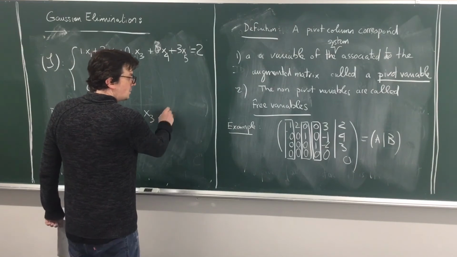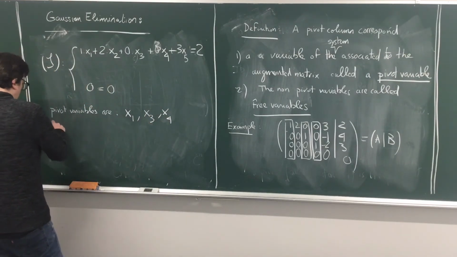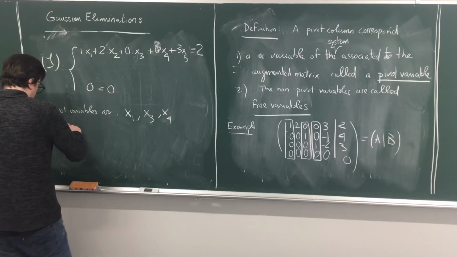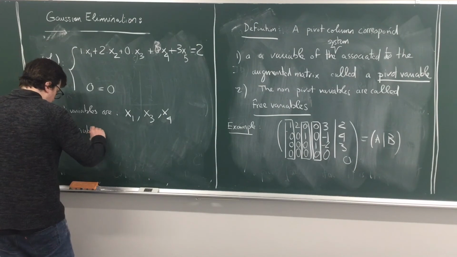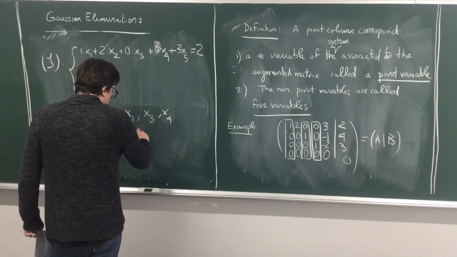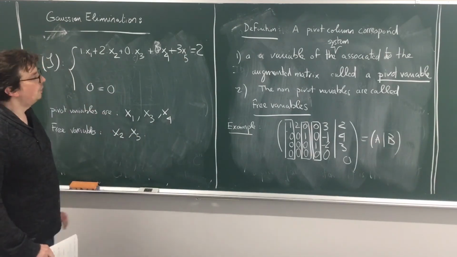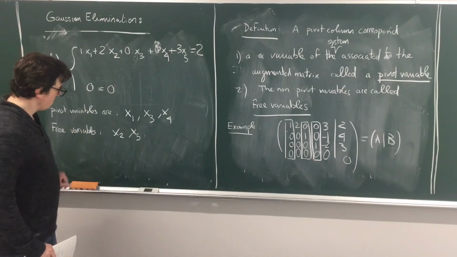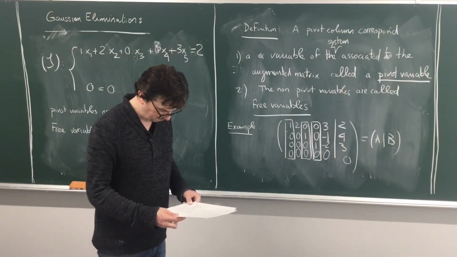And then x4 is also a pivot variable. Therefore, we can say that the free variables in this case are x2 and x5. This will be a critical knowledge to remember when we solve our system of equations.